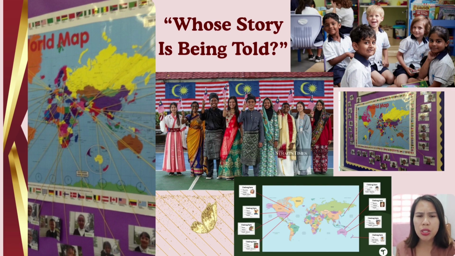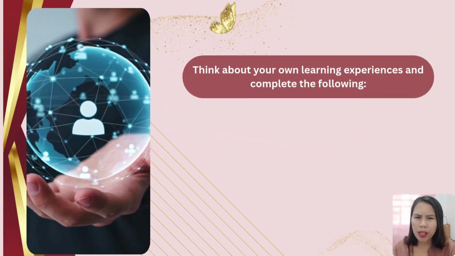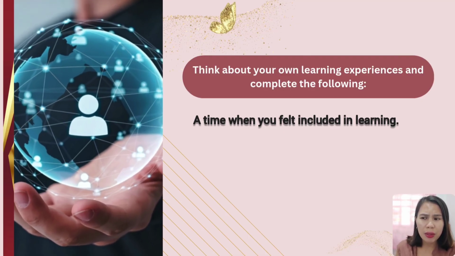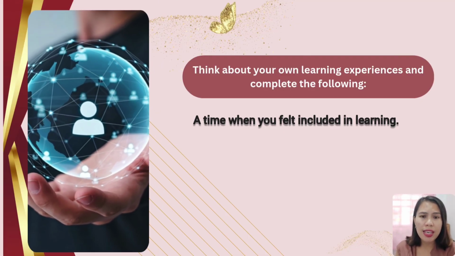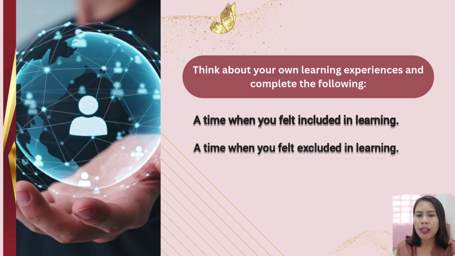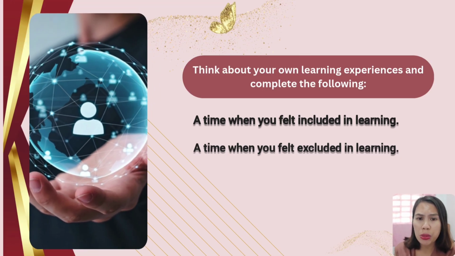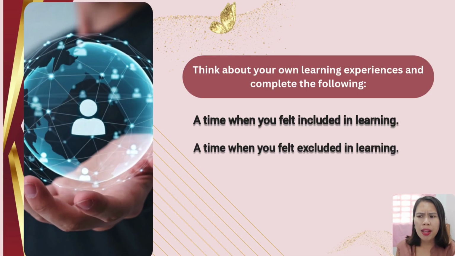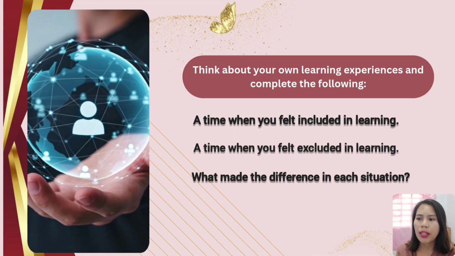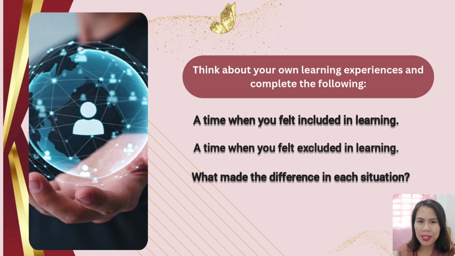These images show classrooms with students from different cultural backgrounds. Think about your own experiences in school. Have you ever felt included in a classroom activity? Or perhaps you experienced a moment where you felt excluded or misunderstood. What made the difference in those experiences? So pause for a moment and think about your answers.